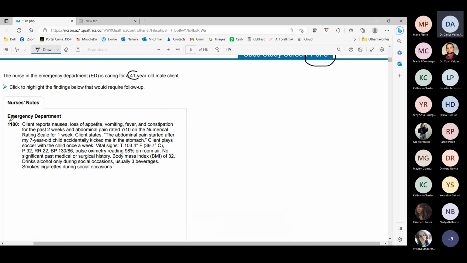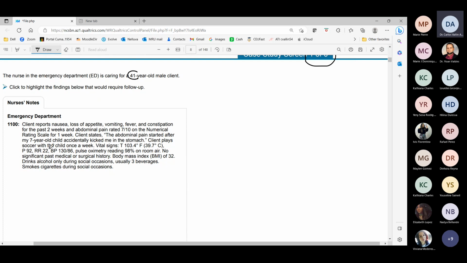So the first is to see the nurse note, and the nurse note says 11. It is the first interaction, the first source of information. Client reports nausea, loss of appetite, vomiting, fever, and constipation for the past 2 weeks, and abdominal pain rated 7/10 on the numerical scale. Client states the abdominal pain started after my 7-year-old child accidentally kicked me in the stomach.